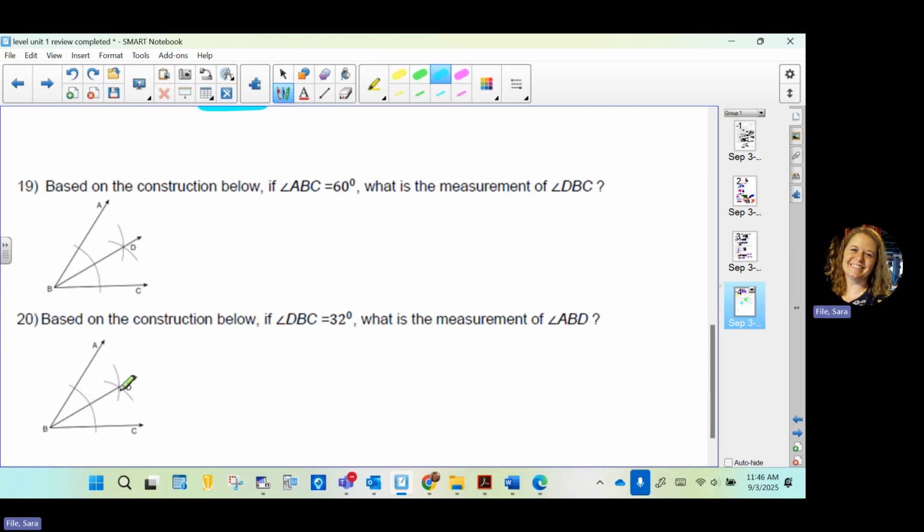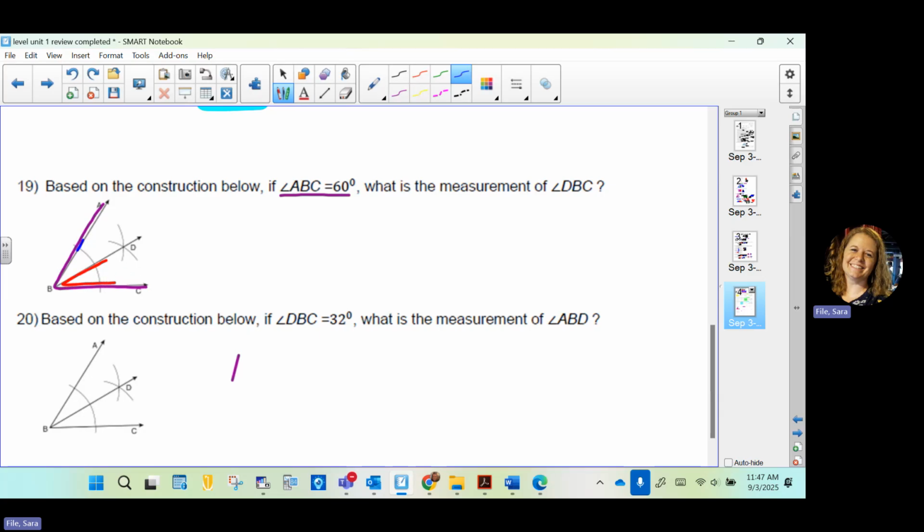Now based on that construction, it tells us if angle ABC, the original angle, is 60 degrees, they want to know the measure of DBC. So that's this little one in here.